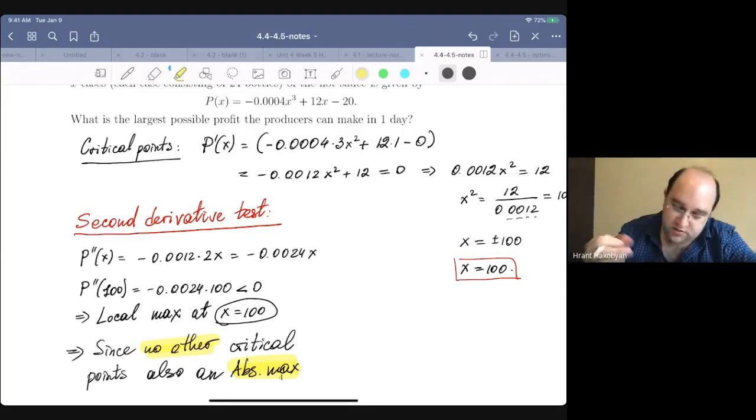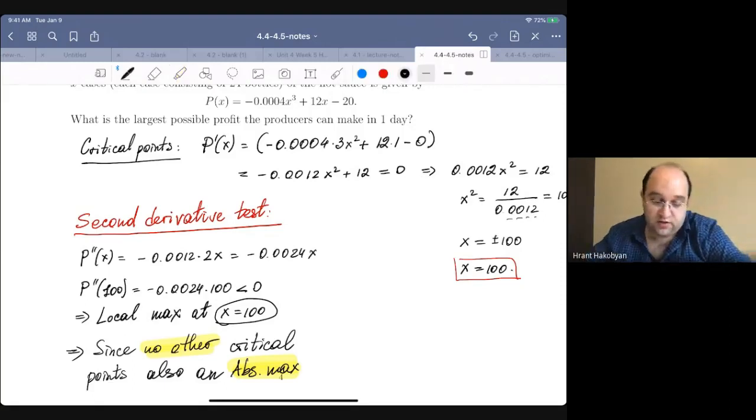Okay, so all we have to do is figure out the largest possible profit. All we have to do is plug 100 in instead of x in this formula.